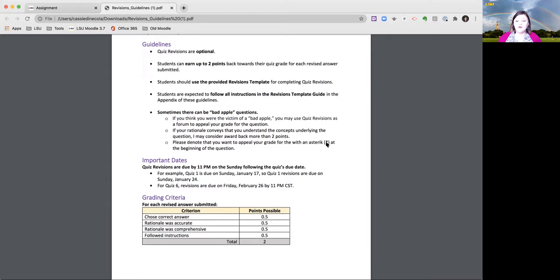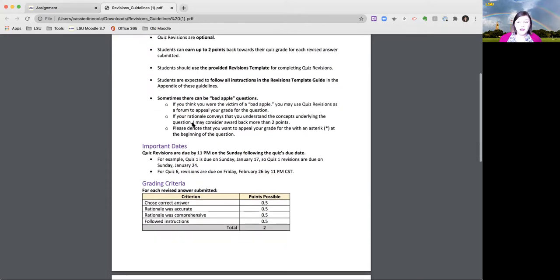If you are able to show me that you understand the underlying concept of the question, or if it was just a bad apple question and maybe there was a setting that was wrong, then I will consider giving full credit back to you. But you have to do it through this process. Please do not email me about this.